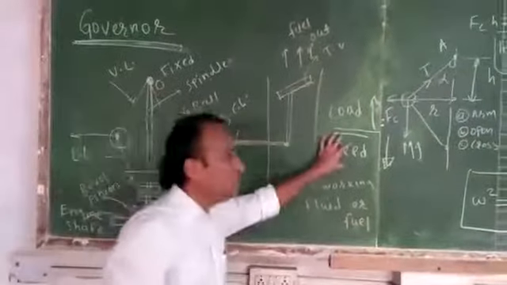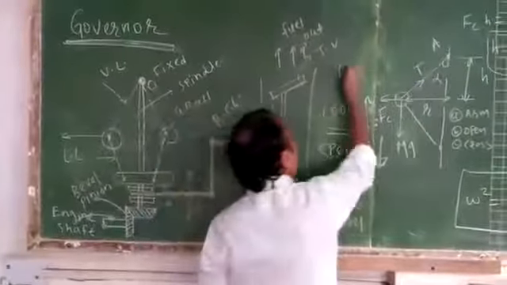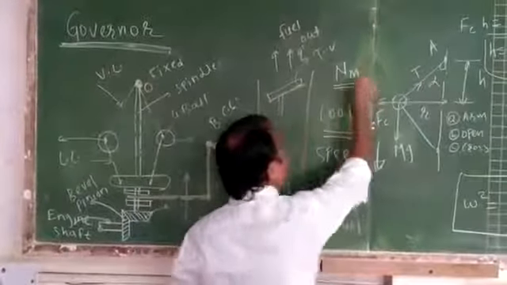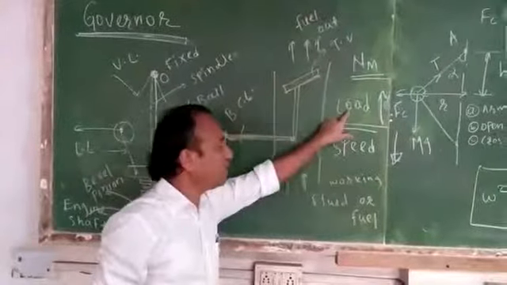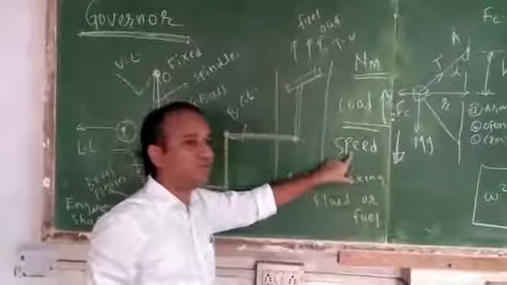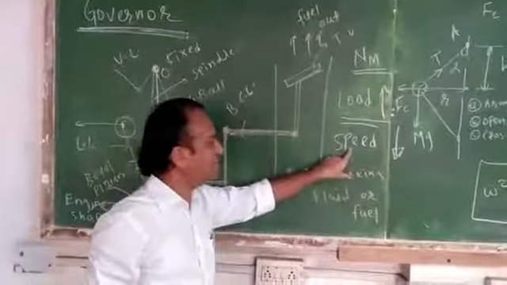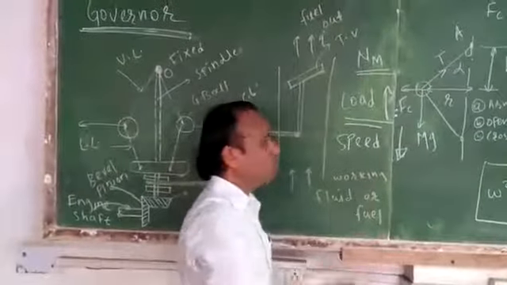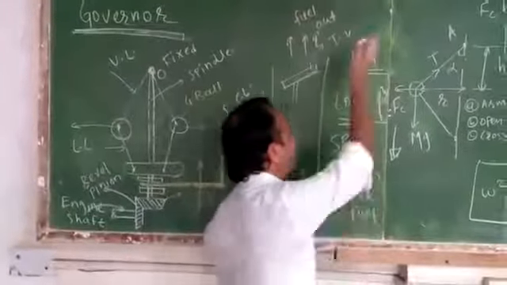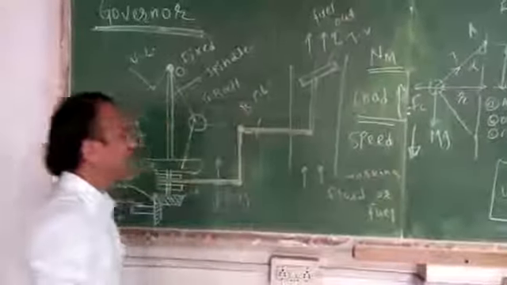Let Nm be the mean engine speed, but when load on engine is more, speed of engine shaft is lesser. So to achieve Nm, speed should be increased. So how to increase the speed?